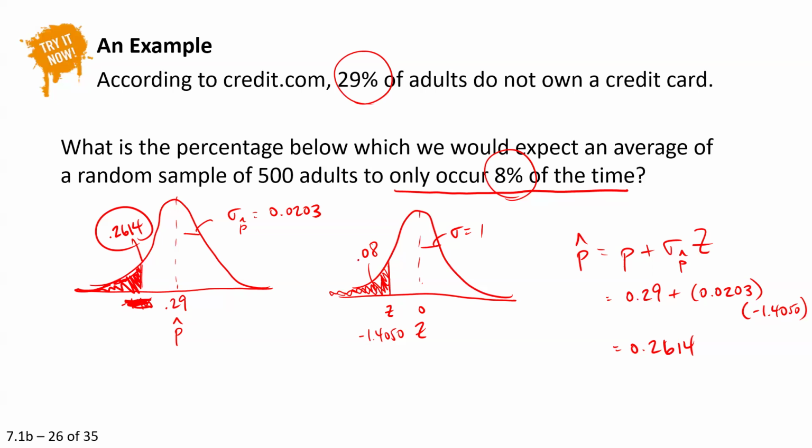Are we good? I'd ask you, what's the probability it's going to be bigger than 0.27 or smaller than 0.26 or bigger than 0.31? But we were asked what those probabilities were. This is the opposite kind of question. What's the threshold below which you're only going to get that 8% of the time?